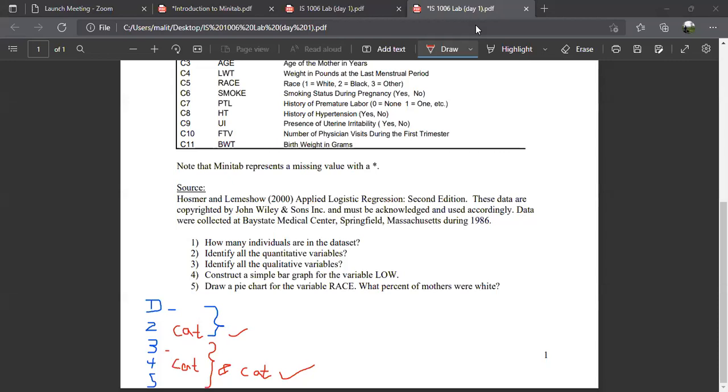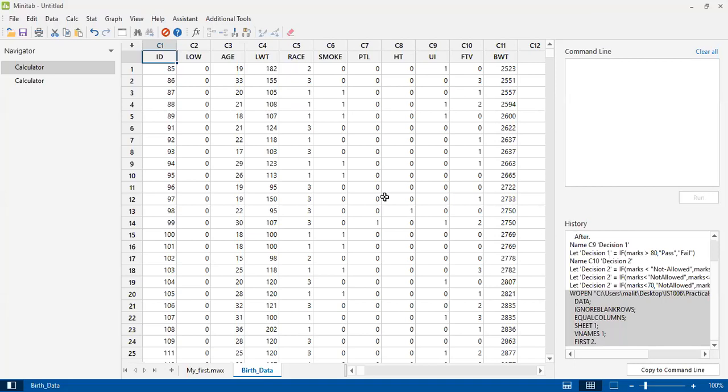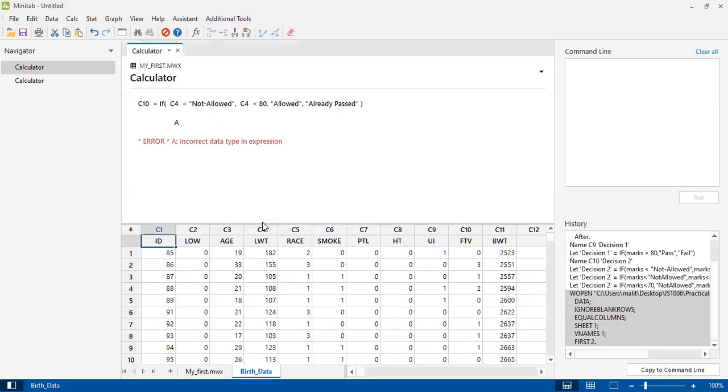Now I'm going to share the Minitab screen with you. Based on the lectures, you know what bar charts and pie charts are, right? If we have categorical data, we can go for a bar chart or pie chart.